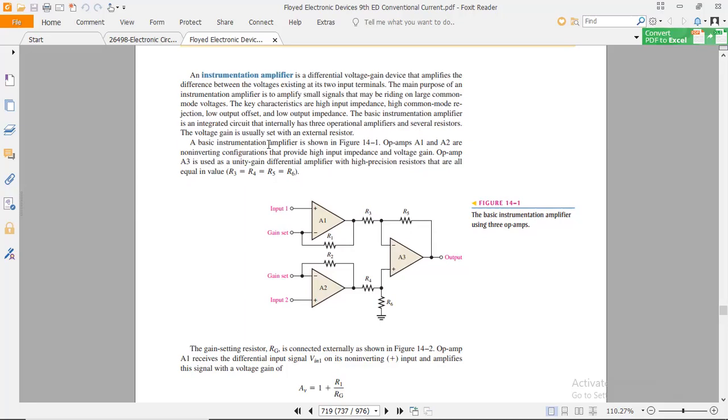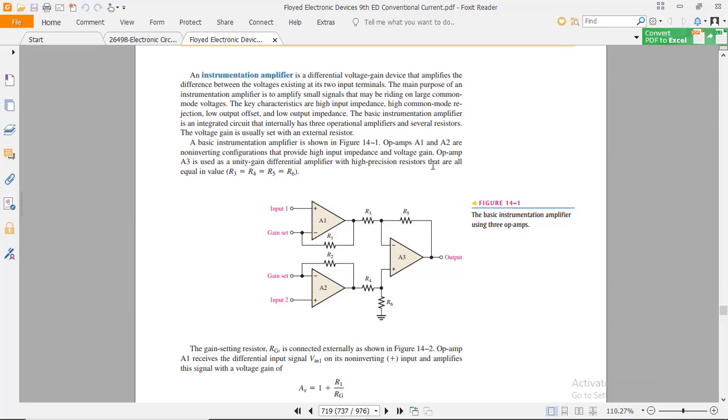The voltage gain is usually set with an external resistor. In the basic instrumentation amplifier, as shown in figure 14-1, op-amps A1 and A2 are in a non-inverting configuration. You can see the non-inverting input 1 and input 2 provided to A1 and A2 respectively.